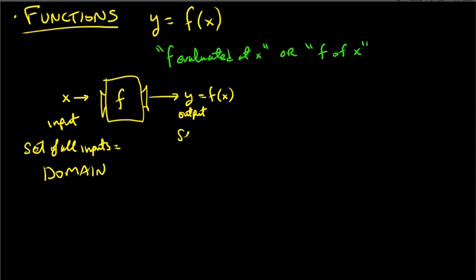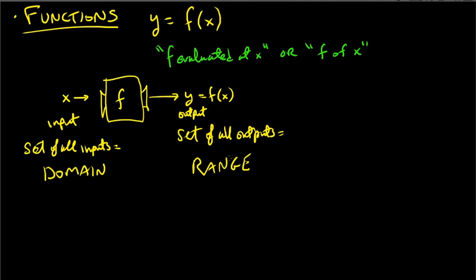And then the set of all the outputs is called the range. Actually, it's called the codomain, but we're not going to get into that. For our purposes, if you take the set of all outputs, it's the range.